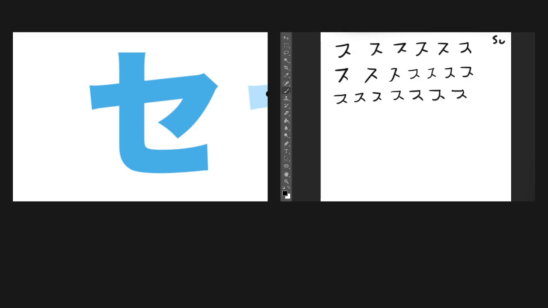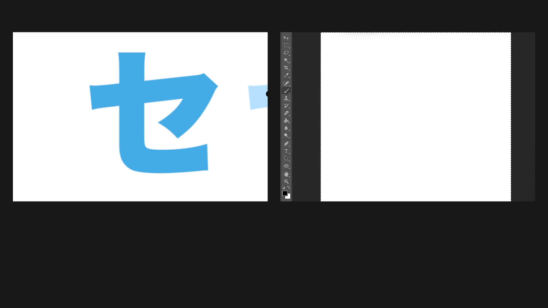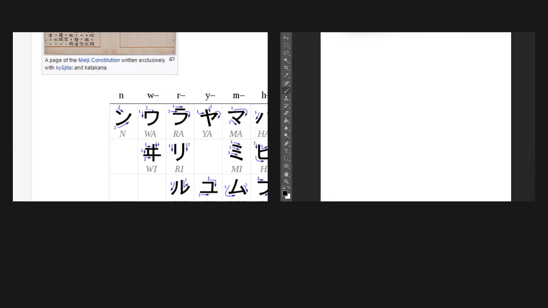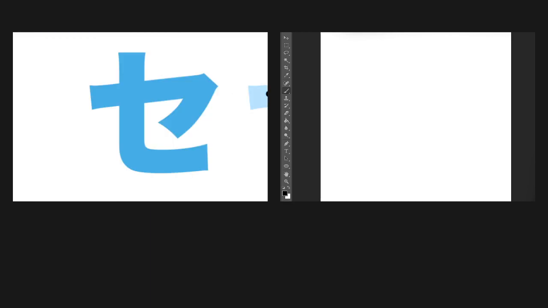Here we have se. And the stroke order here is going to be the horizontal line first, probably. Yes. All right. So we have se. So this one looks more like se from hiragana, I guess that's how you remember it. So this is se in hiragana, and this is se in katakana.